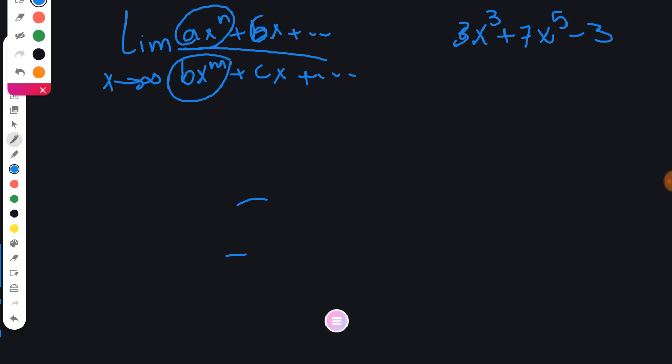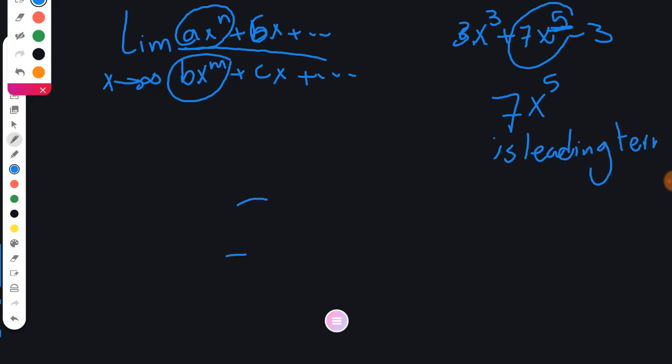It doesn't mean the first one, no. It means the term with the greatest exponent. So 7x to power 5 is the leading term. Leading term means the term with the greatest power or greatest exponent.